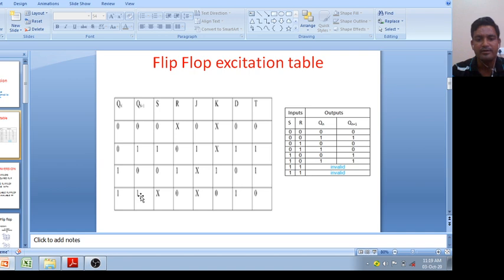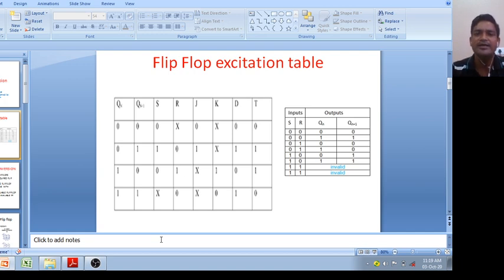When 1 1, there are two cases: SR 0 0 and SR 1 0. So 0 to 1 changing is X, and 0 0 same, so X 0. By this method you can determine the excitation table of the SR flip-flop.